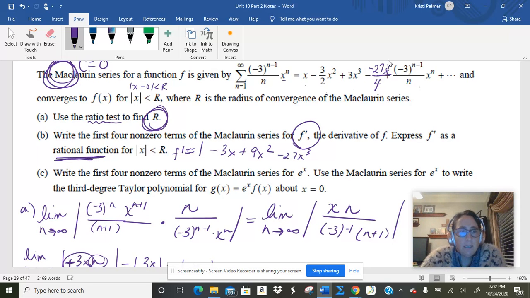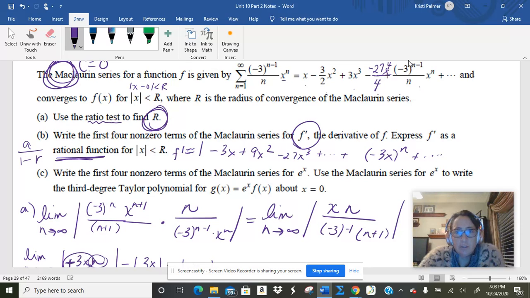So when I see that I have this rational function, rational expression, I'm thinking the a over 1 minus r. So if I look at this, let's go ahead and write the general term so that that can help me here. So I'm going to take this general term, bring down my n, that kind of cancels. So I have this negative 3x to the n plus dot, dot, dot. Okay?